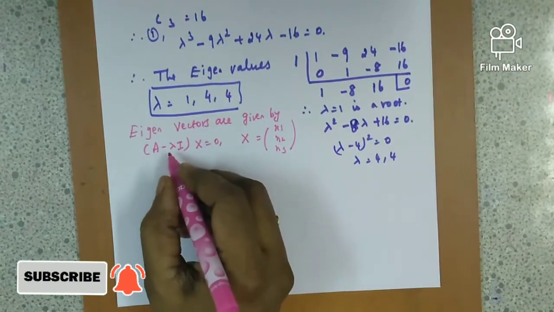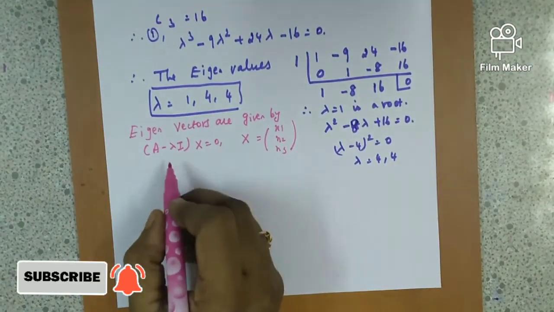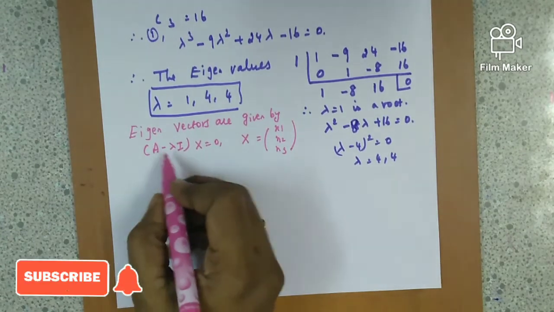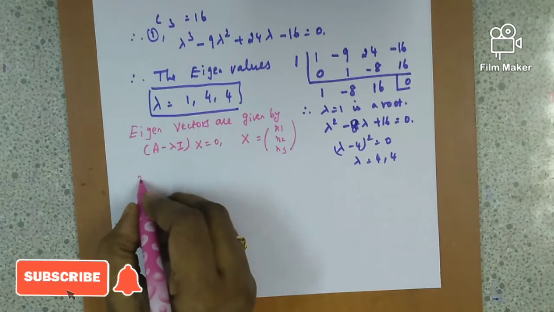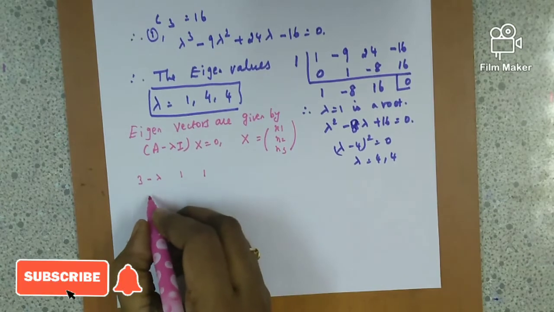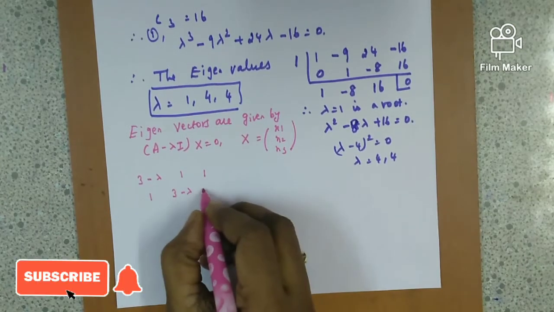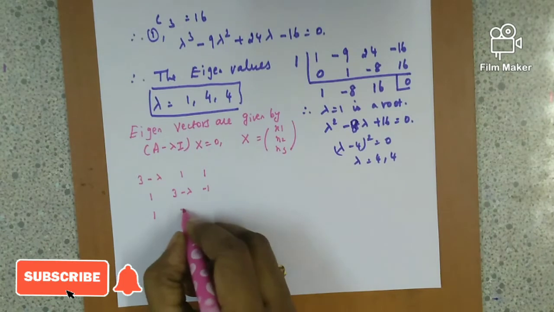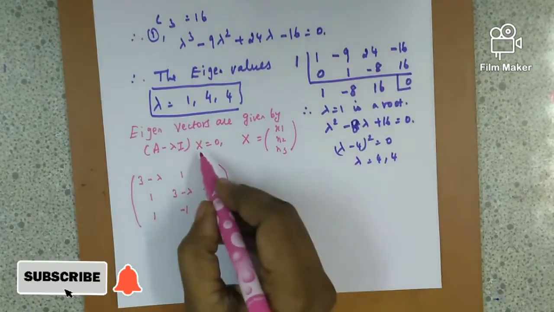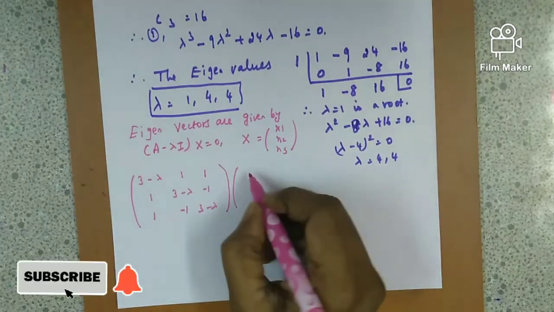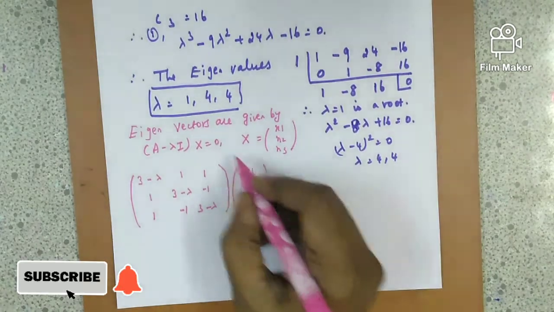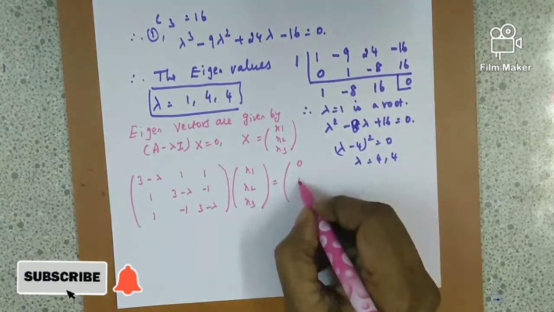A minus lambda I is obtained by subtracting lambda from the leading diagonal of the given matrix, where I is the identity. So A minus lambda I is [3 minus lambda, 1, 1; 1, 3 minus lambda, -1; 1, -1, 3 minus lambda], multiplied by the column vector [x1, x2, x3], equal to the column vector [0, 0, 0].